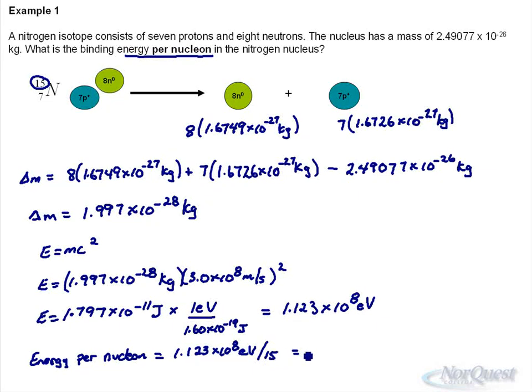So divide this number by 15, and you should get the 7.49 times 10 to the 6 electron volts.